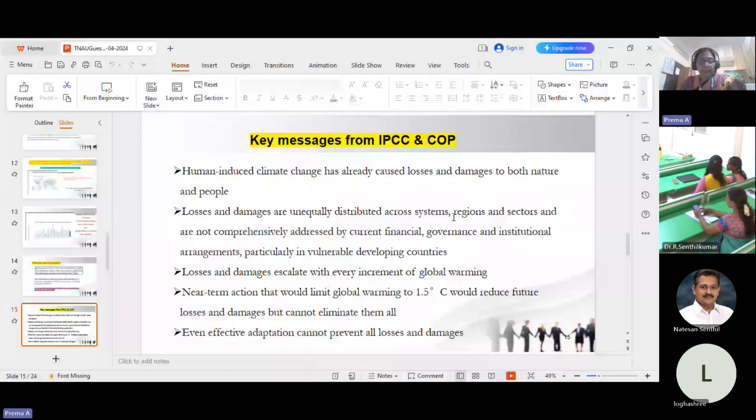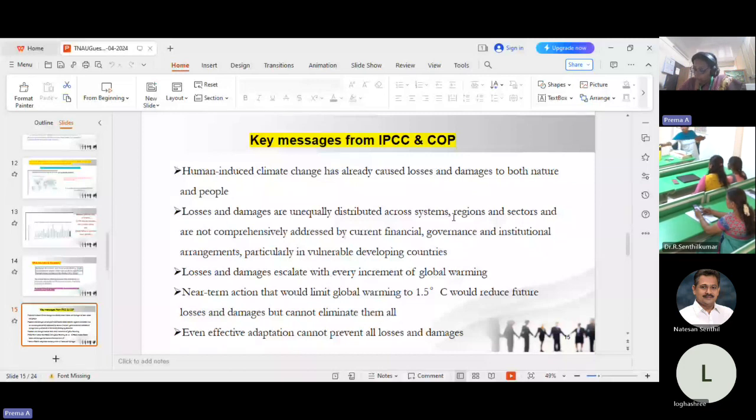Near-term action that limits global warming to 1.5 degrees centigrade would reduce future losses, but cannot eliminate them. So we are taking actions so that we could limit the global warming to 1.5 degrees centigrade, but we are not in a position to eliminate the losses altogether. Even effective adaptation cannot prevent all losses and damages.